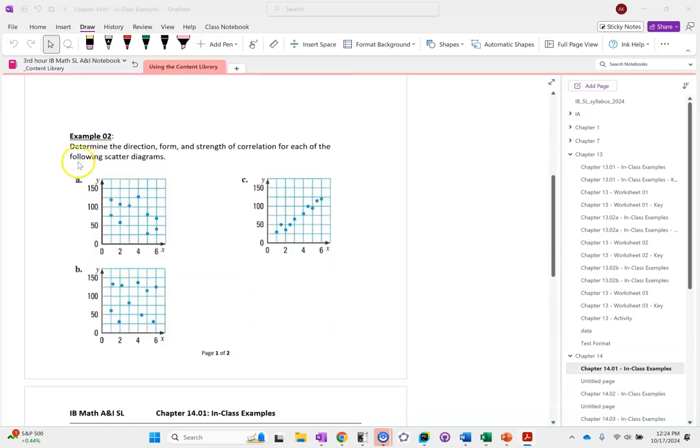All right. We got 3 scatter plots. We want direction, form, and strength for part A. Direction: negative. Form: linear. Strength: moderate. Yeah, I'd say moderate. B. Negative.